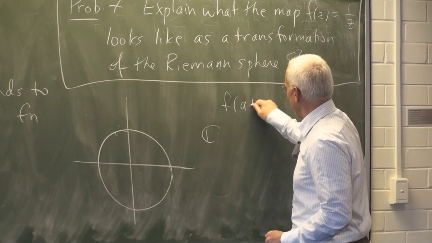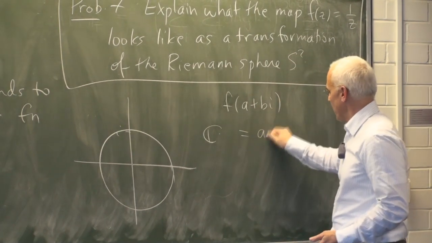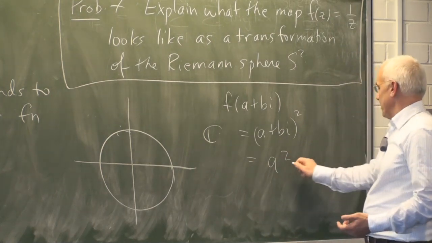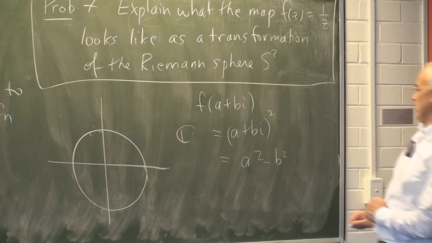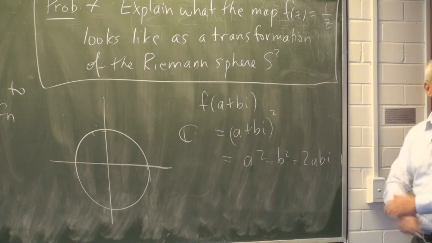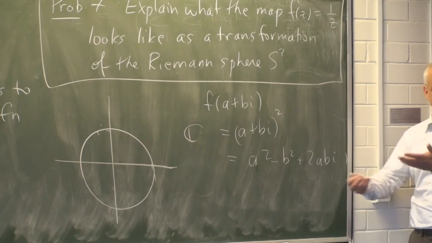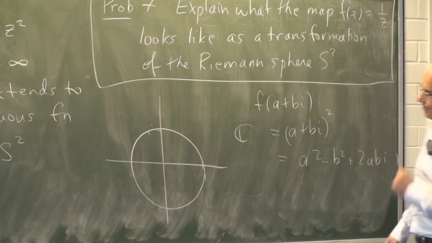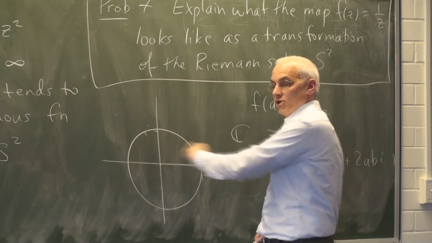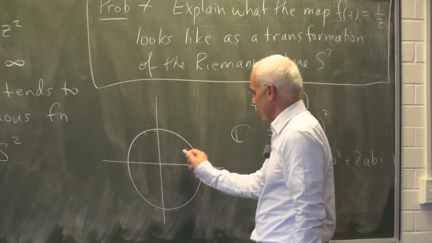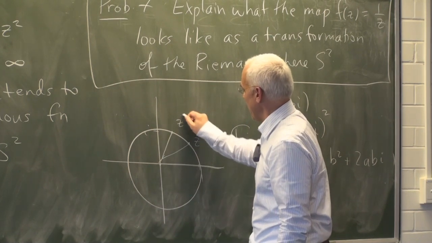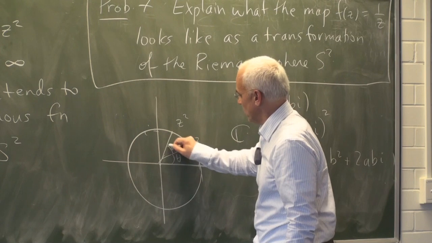So f(a + bi) is going to be, by definition, (a + bi) all squared, which is a squared minus b squared plus 2abi. Does that sound right? Yeah, that's the map. Okay, so what does it do? Well, it sends 0 to itself. It rotates the unit circle. Okay, so if we have a point z here, at an angle theta, then z squared will be at an angle 2 theta.